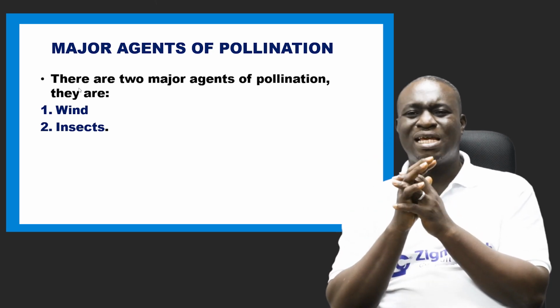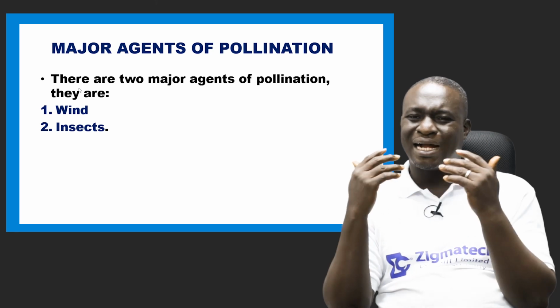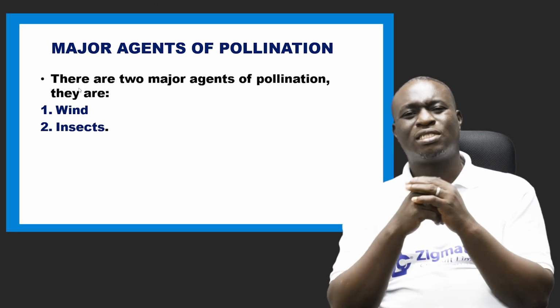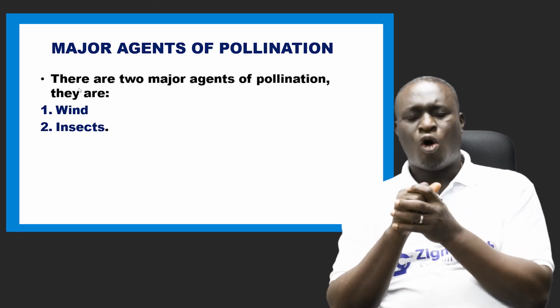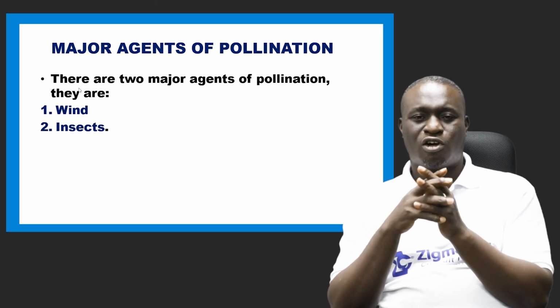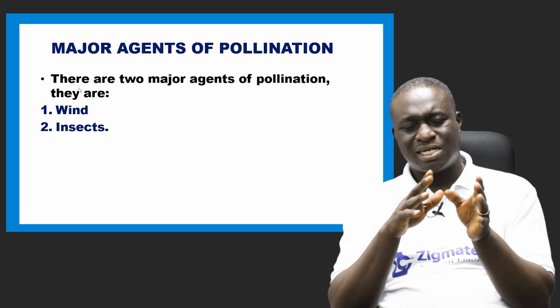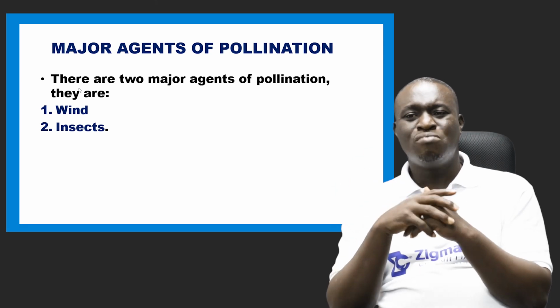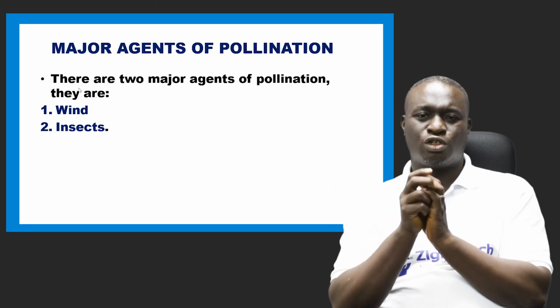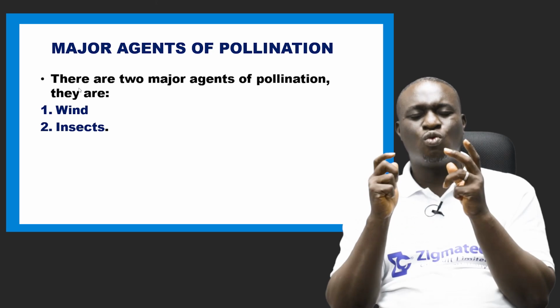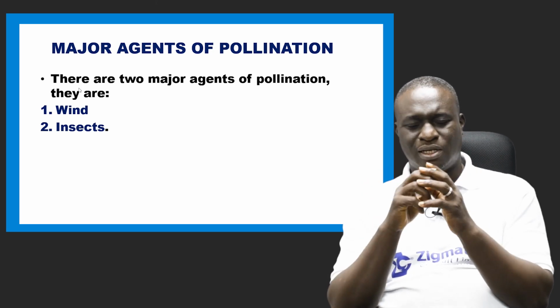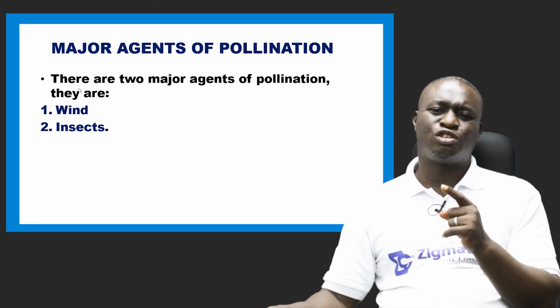There are several insects whose activities always bring about the transfer of pollen grains from the anther to the stigma. Another major agent of pollination or pollinator is wind. And we're going to be looking at these two.